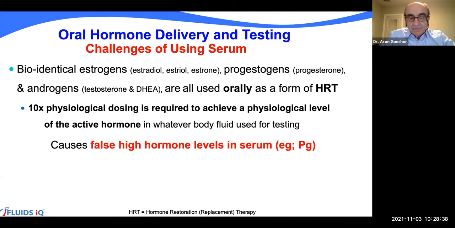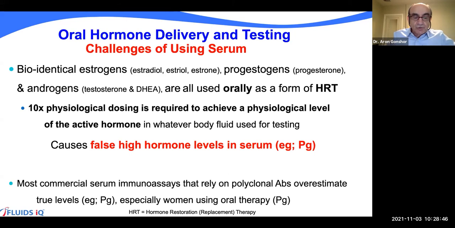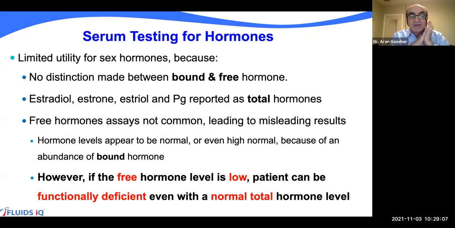You may end up with very falsely high hormone levels in serum from what is actually going on. So most commercial serum immunoassays that rely on various types of polyclonal antibody assays overestimate the true levels of, for example, progesterone, especially for those women who are on oral progesterone therapy. So right off the bat, you've got to be careful.